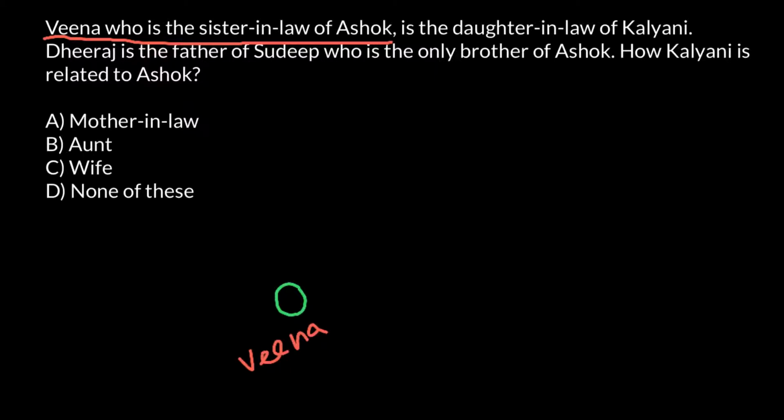So in this case, Veena may have either a brother or a sister who would be married, and they would also have parents here. Again, if we don't know the gender of the other sibling here, we also don't know the gender of his spouse.